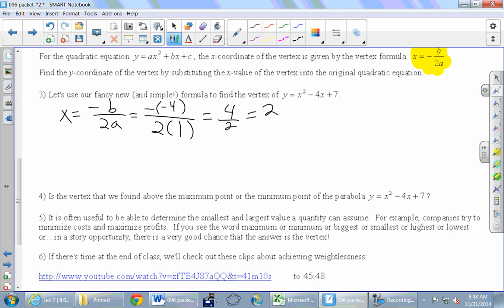Now there is hardly going to be a question that I ever ask you where it says only find the x-coordinate of the vertex. I always want both coordinates of the points that we're interested in. So what do we do with 2 to find the corresponding y value? Plug it in. So y equals, I'm going to copy that formula, but every x I'm going to put parentheses to be filled in.